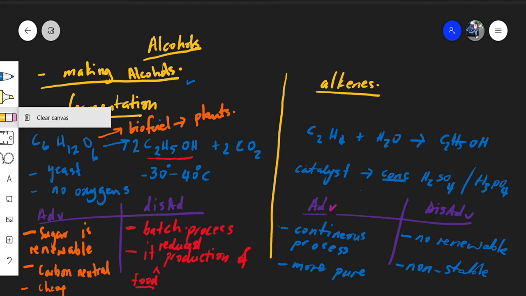So let's talk about another thing if you are good with that. I talked about this thing being carbon neutral. Let's talk a little bit about this, because it's something that examiners like to talk about, because it is something that is going to affect a lot of you young people.